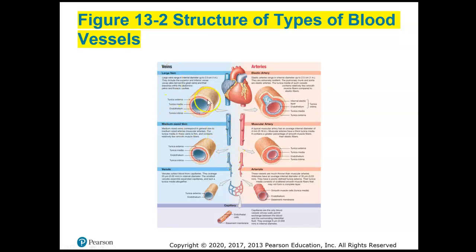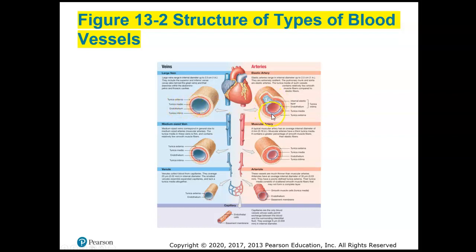Now, this is a good overall chart that gives you the comparison and contrast between veins and arteries, venules and arterioles. Basically what you can see here is that veins have a very thin wall, especially a very thin muscular layer called the tunica media.